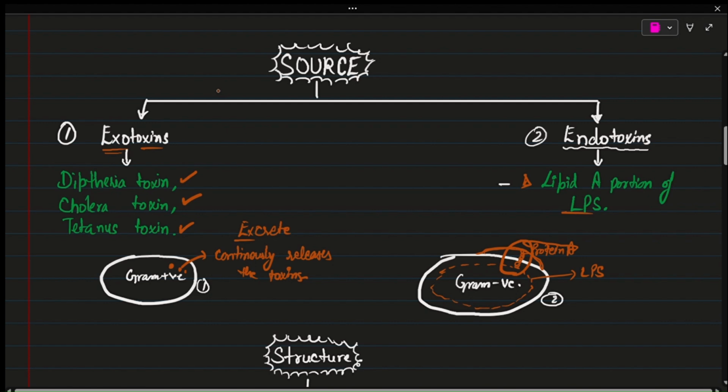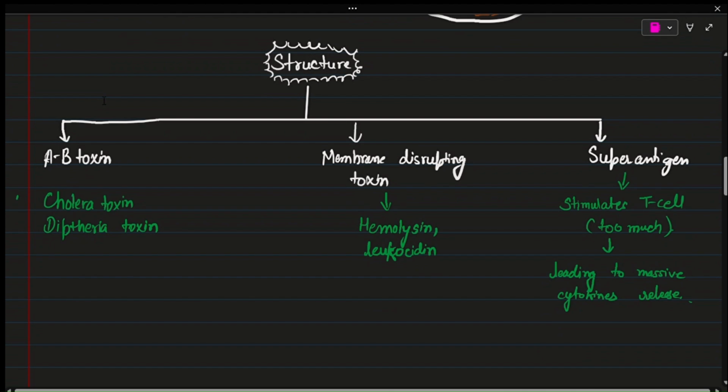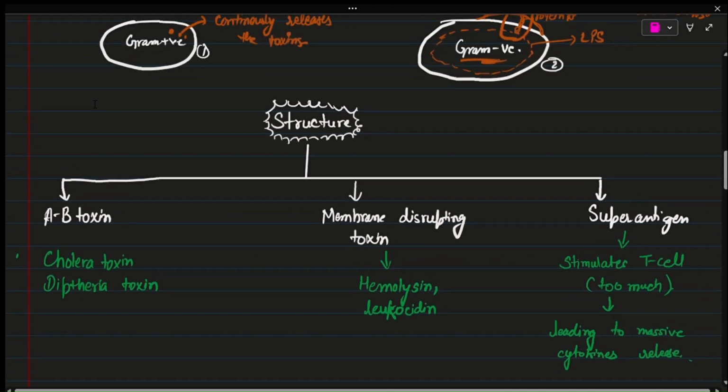It will not be exposed out of the cell, but it will be exposed when this gram negative bacterium dies. After the death of the gram negative bacterium, the lipid A portion of the lipopolysaccharide gets released into the environment, or you can say to the host, and it will act as a toxin. Okay, toxins are basically toxic substances which are not good for the host.